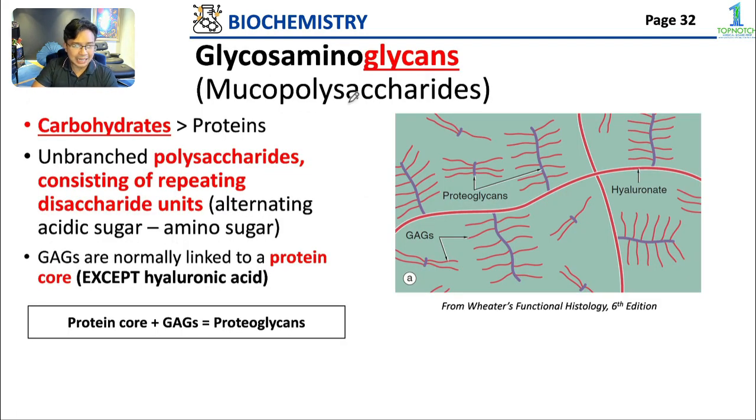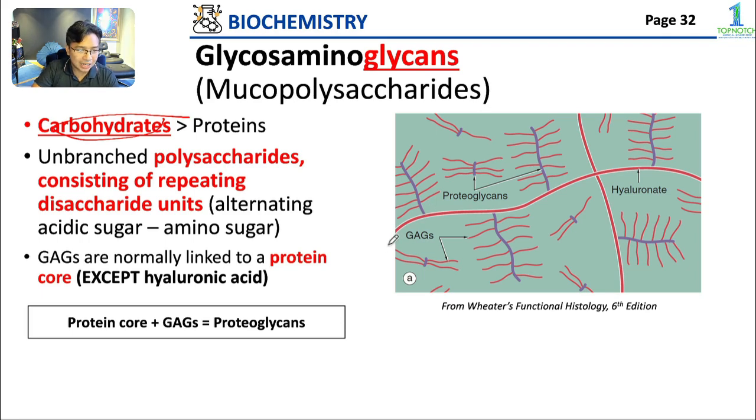While glycosaminoglycans are mainly carbohydrates in structure. They are unbranched polysaccharides consisting of repeating disaccharide units or alternating acidic sugar and amino sugar. Now, GAGs are normally linked to a protein core, as you can see here, except for hyaluronic acid.